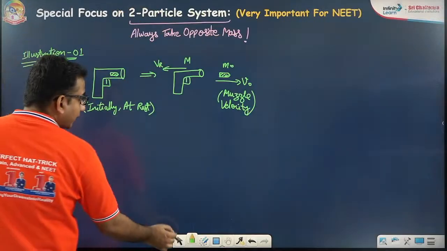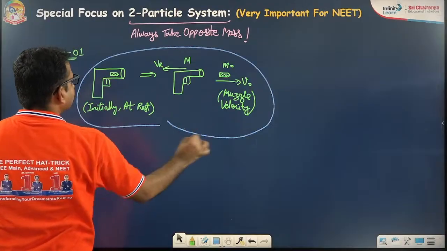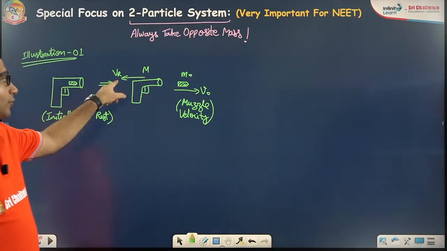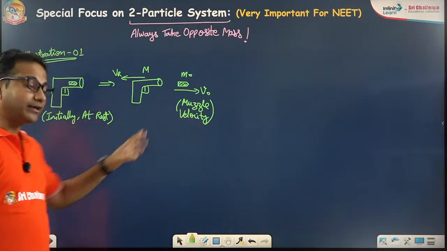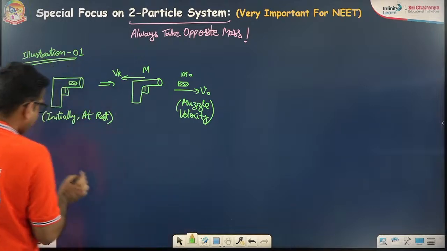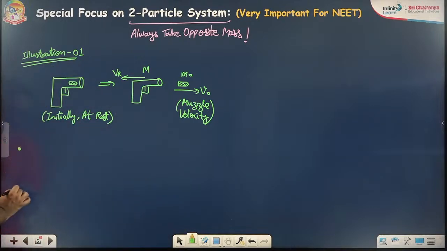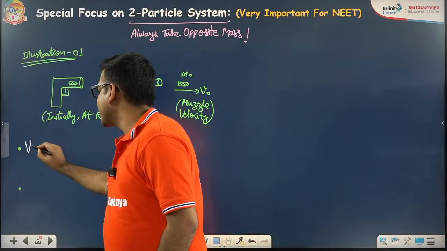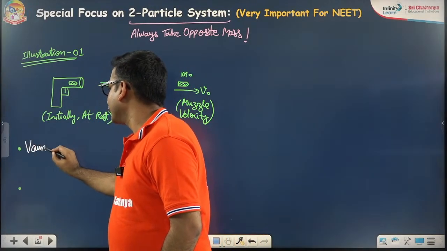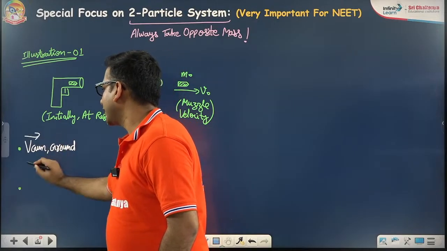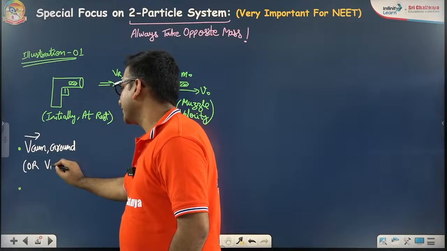So if they are asking you to tell the recoil velocity, or the final velocity of the bullet with respect to ground, here I will say: final velocity of gun with respect to ground, which is also called the recoil velocity.